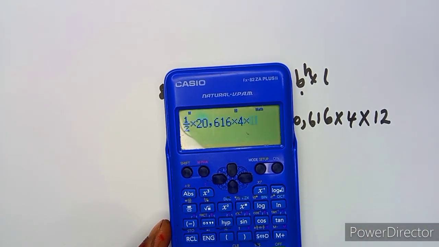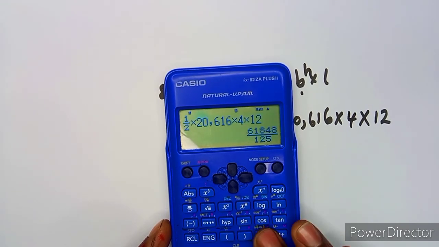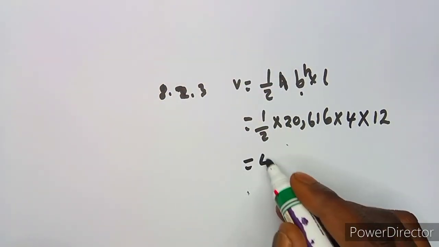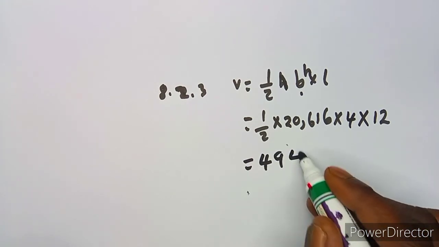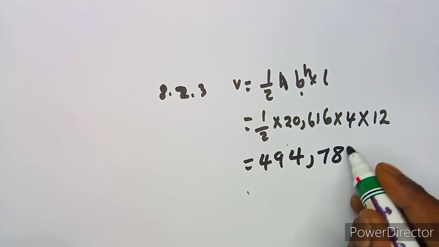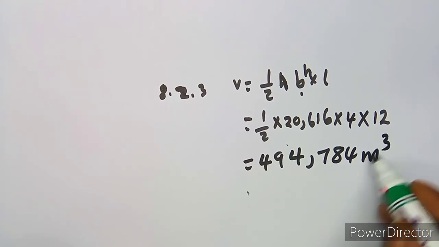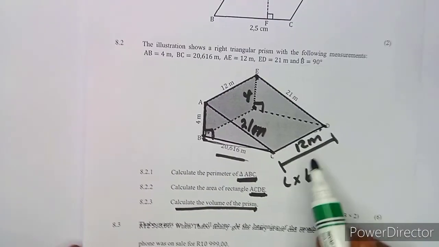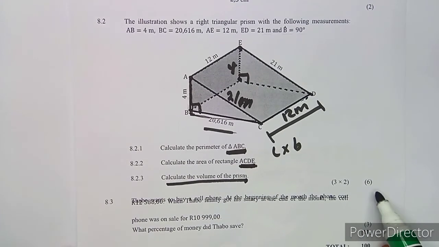You just put it on a calculator, and as a decimal it's already to 3 decimal places, so there is no need for you to round off. This one is already in meters, and volume is measured in cubic units, so it is going to be cubic meters.